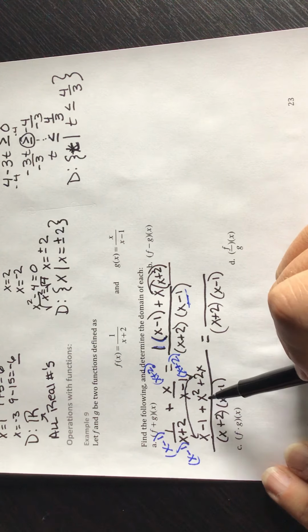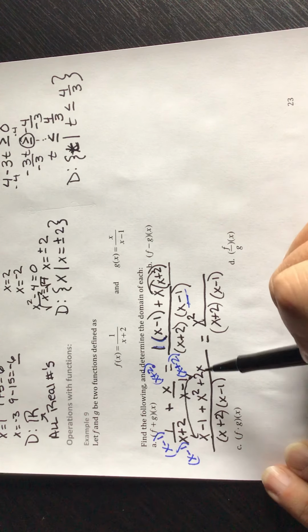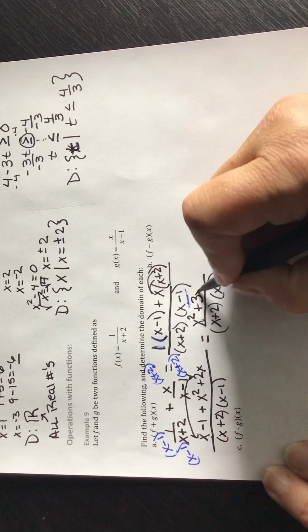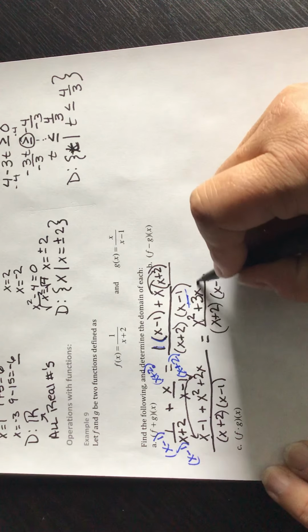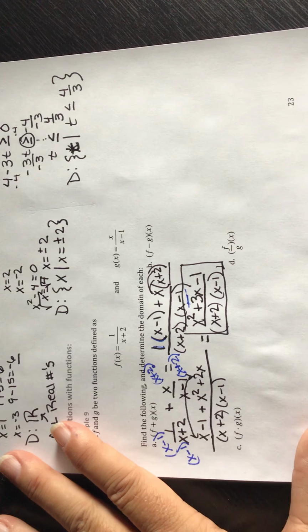So I have x squared, and a positive x plus 2x is plus 3x, and then a minus 1. And my denominator, I'm going to leave as factors. I don't need to multiply that out.